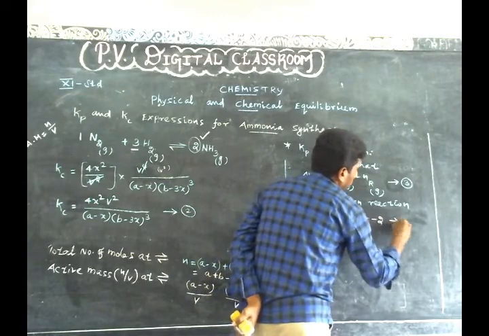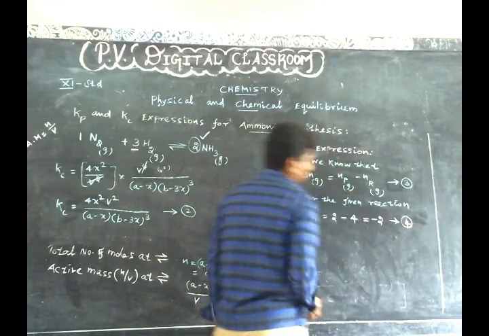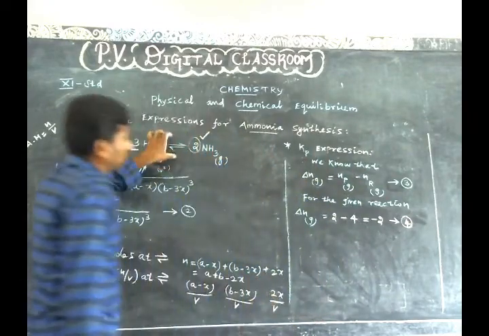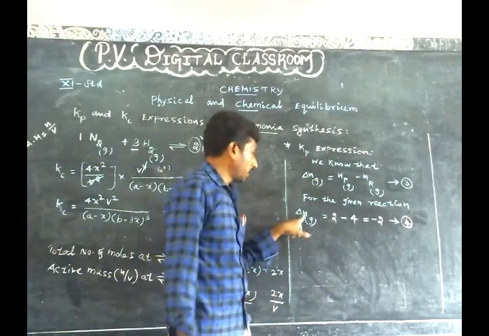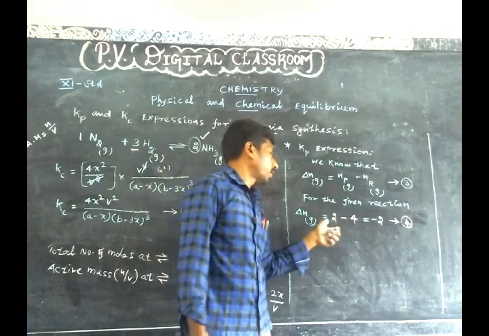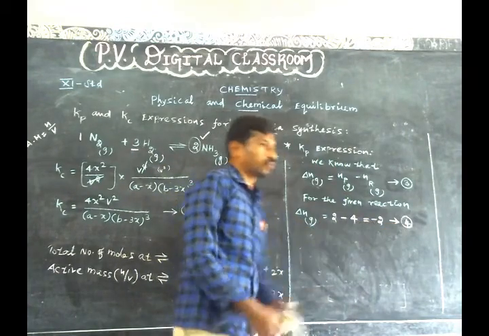So this is equation number 4. For the given reaction, delta Ng value is equal to minus 2.